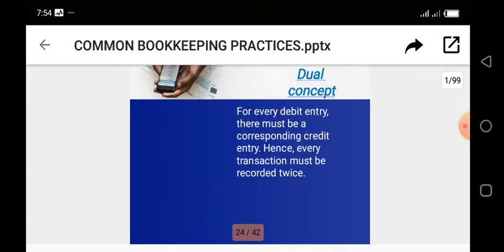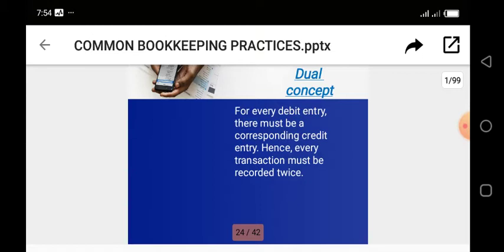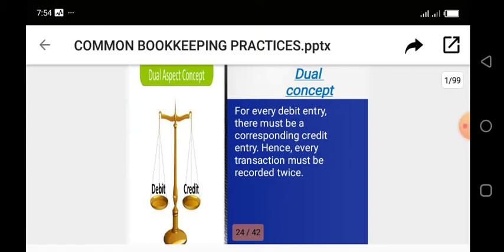So the last but not the least is the dual concept. As the name dual means two, it shows that for every record you record, there will be another corresponding record. Meaning for every debit entry, there will be a corresponding credit entry. It's a law. Every transaction must be recorded twice.